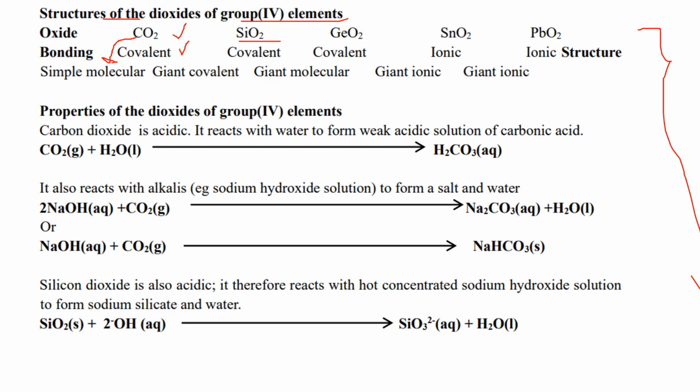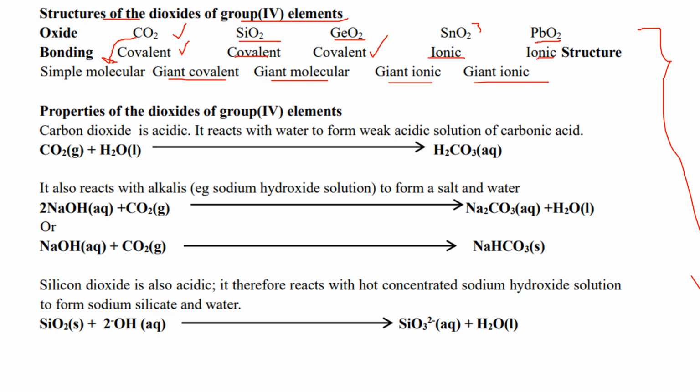Silicon dioxide has covalent bonding and a giant covalent structure, together with germanium oxide, which has covalent bonding and a giant molecular structure. Tin oxide has ionic bonding and a giant ionic structure, together with lead oxide, which has ionic bonding and a giant ionic structure.